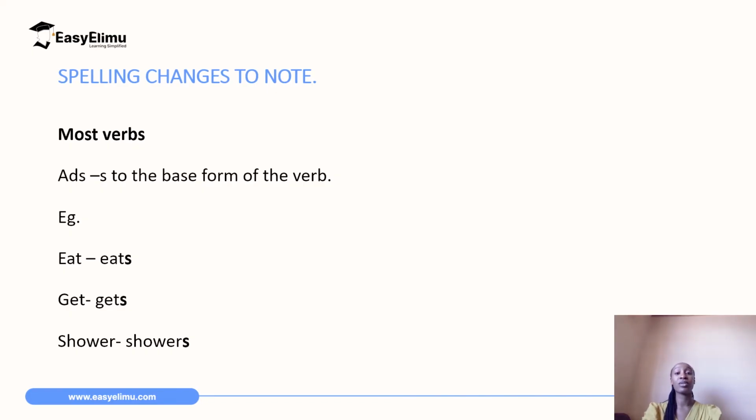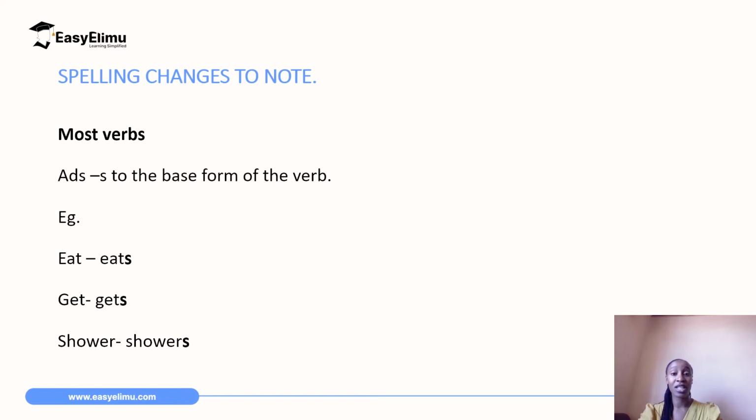However, when you're talking about he, she, or it, that is where this change occurs, because you can't say he work, she work, it work. No, you add an s, so he works, she works, it works.